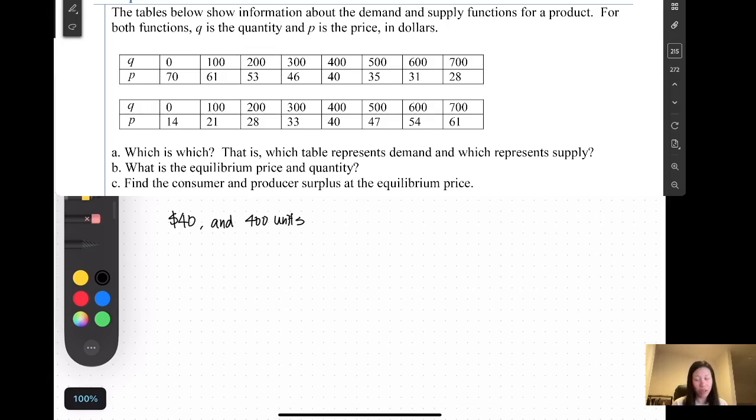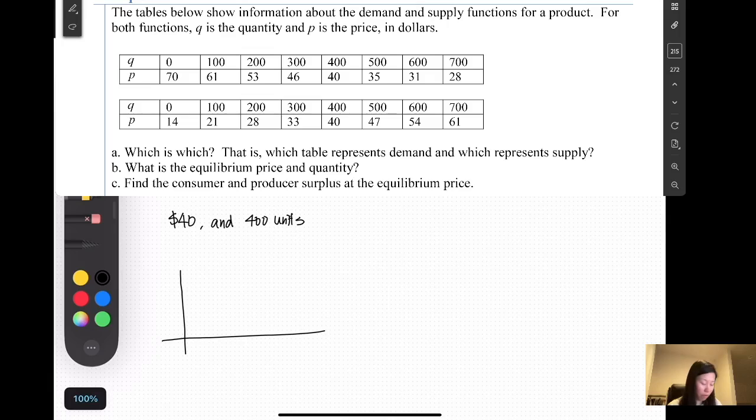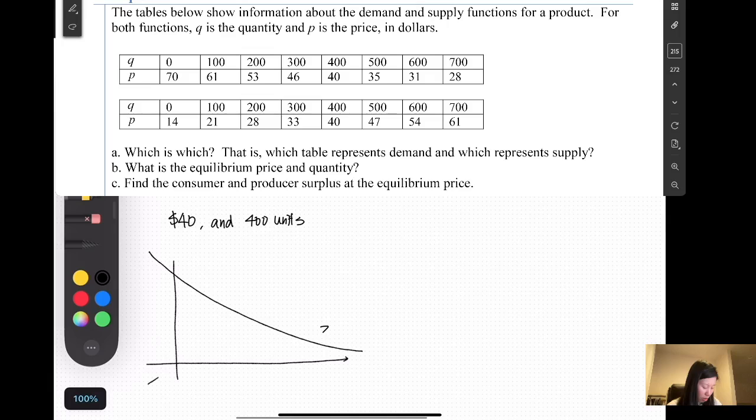Okay, so now they want you to find the consumer surplus and the producer surplus. The consumer surplus is the function to the function at the equilibrium price, which is the upper area.